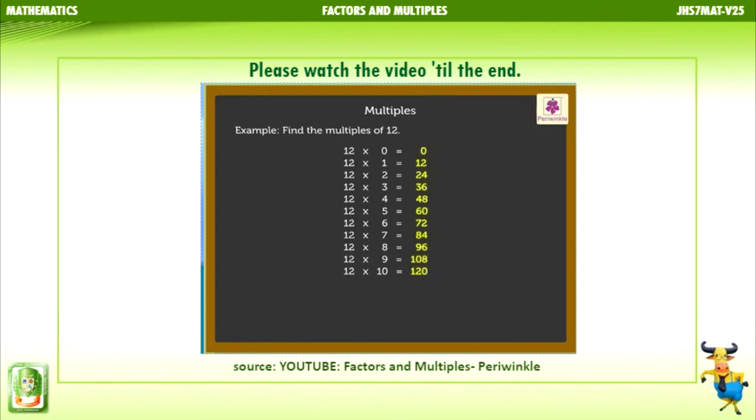So here, the products obtained are nothing else but the multiples of 12.